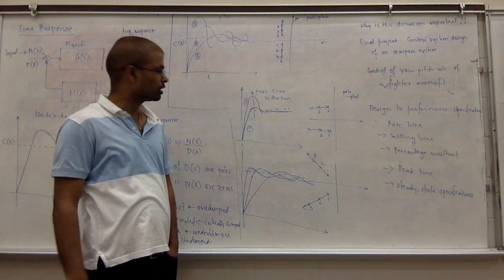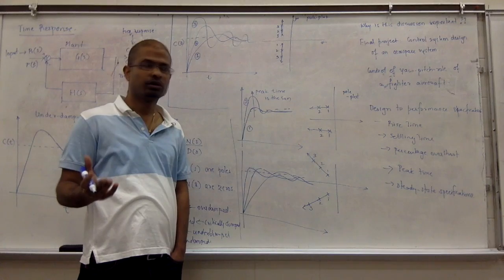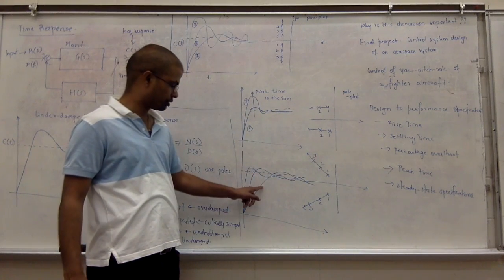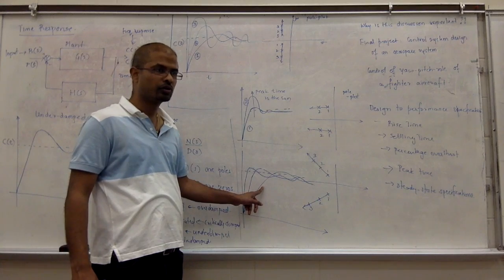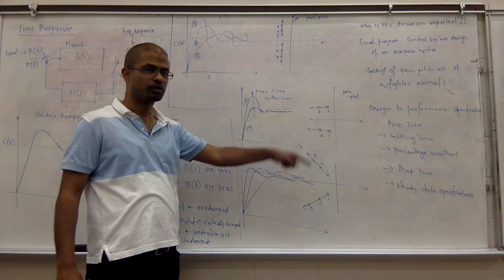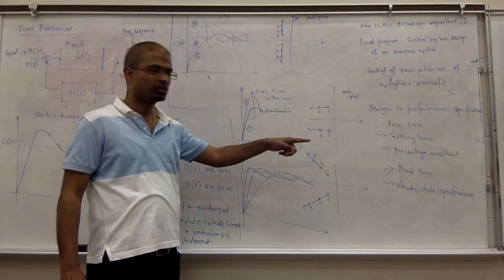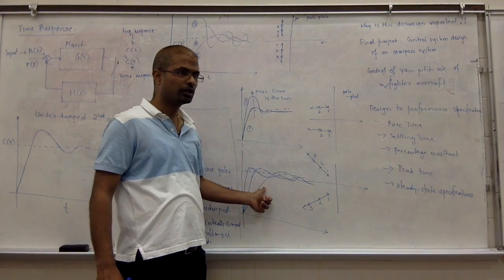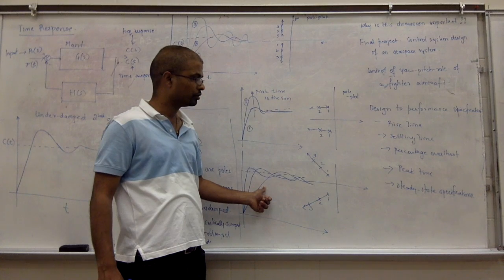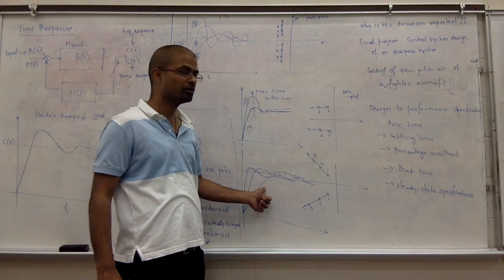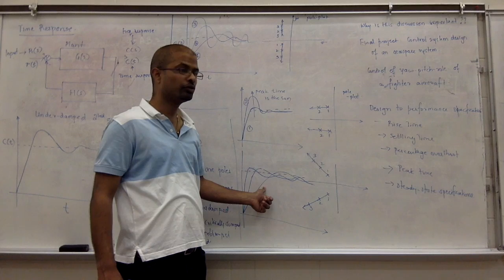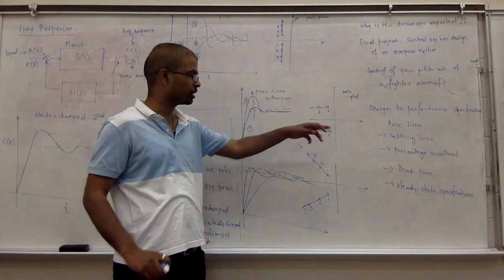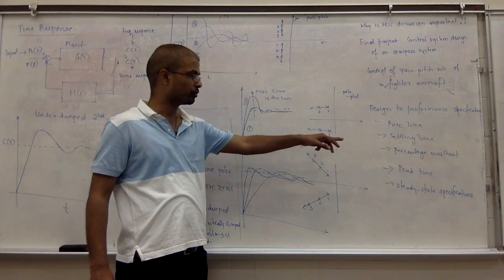So let's say you have designed a system, and your system design is showing this response, which does not meet one of these performance specifications. Let's say it doesn't meet the rise time requirement, but it meets settling time and percentage overshoot.